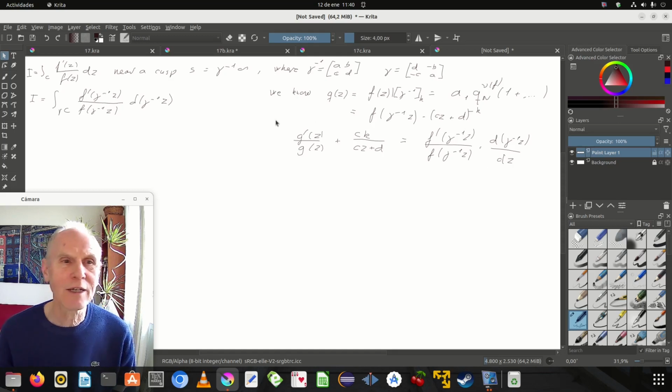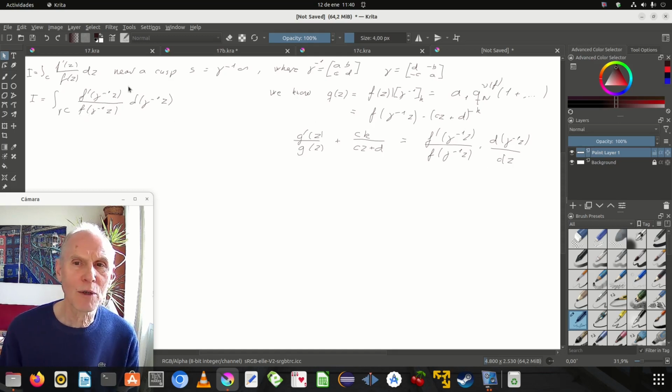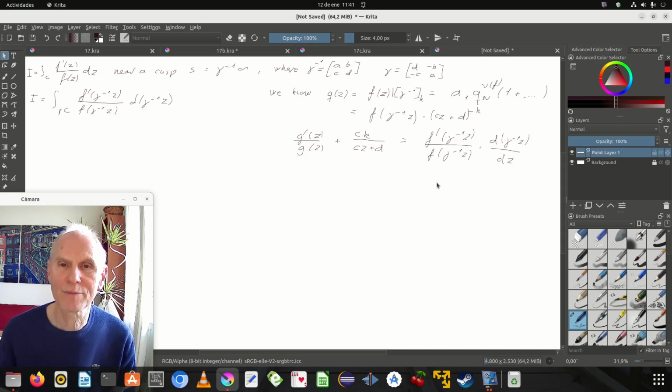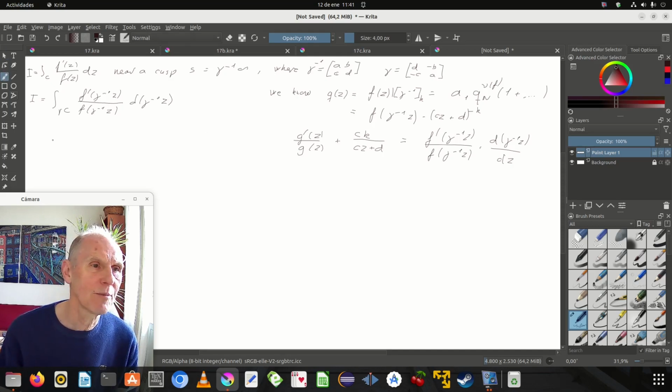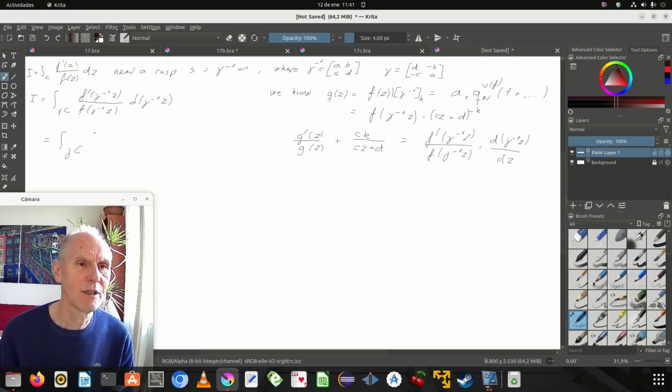This is what we get, and that's actually exactly what we need. So that means that this is equal to the integral over gamma c of dz divided by g of z.